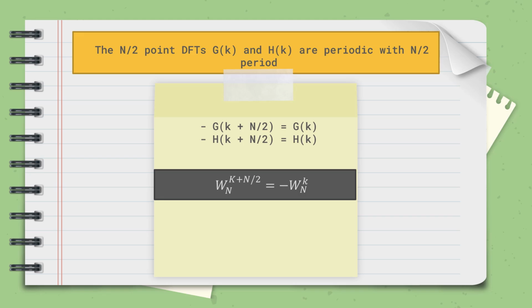However, according to the second property of the twiddle factor, which is W_N to the power of k plus N by 2 equals negative W_N to the power of k, if X[k] equals G[k] plus W_N to the power of k H[k], then it will become X[k plus N by 2] equals G[k] minus W_N to the power of k H[k].